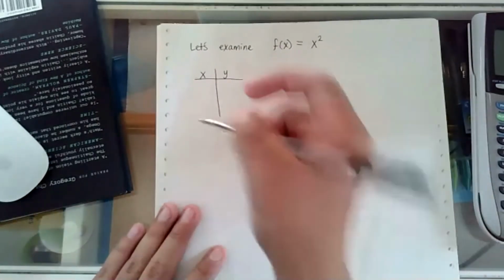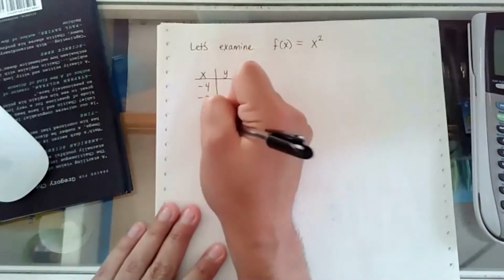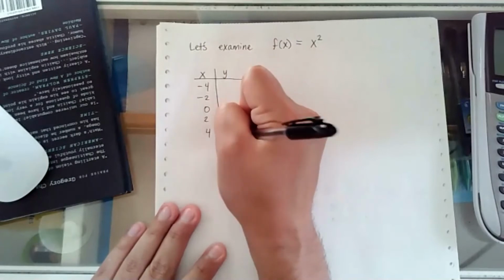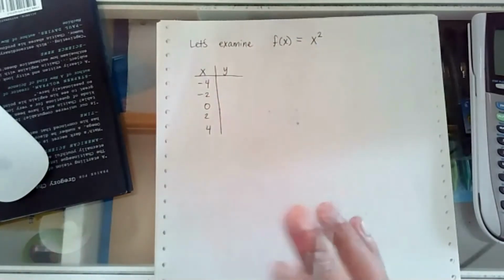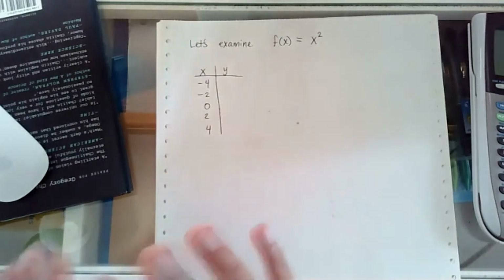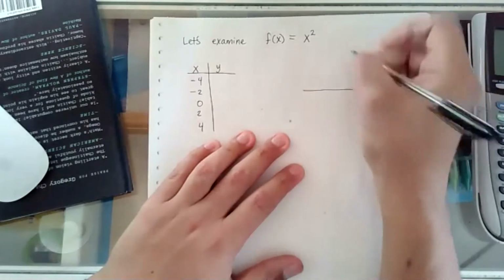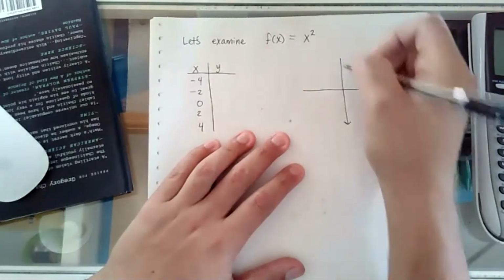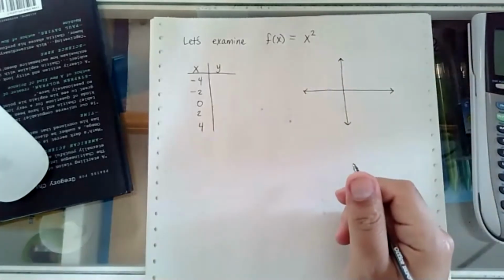So let me just choose -4, -2, 0, 2, and 4. I always like to choose some negative values, 0, and then some positive values, just so we can get a good picture of what this graph will look like. And then I'll draw a rough sketch of what this graph looks like.